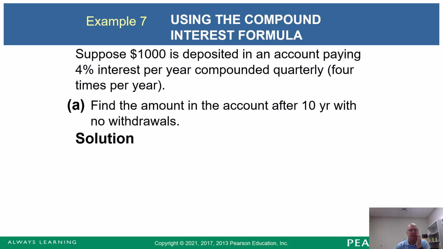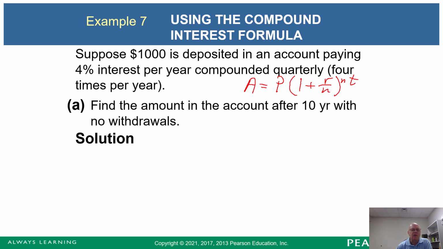Here's an example. Now remember, A equals P, that's the principal, that's the amount you're investing, times 1 plus r over n to the nt. All we have to do is fill in the blanks.